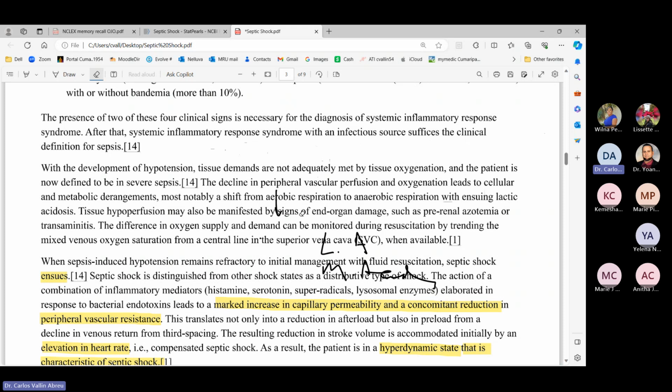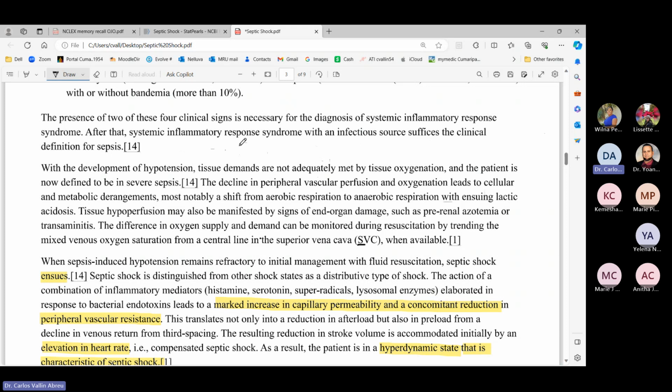And as you notice, it's not so difficult. It's something that we can understand. You don't need to memorize it, but it's important to understand the pathophysiology of shock. And I can bet that this is a frequent question in the NCLEX, with all those details in different types of questions. Understanding the pathophysiology, you will be able to answer the question.